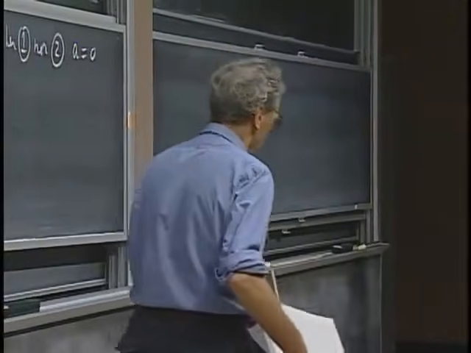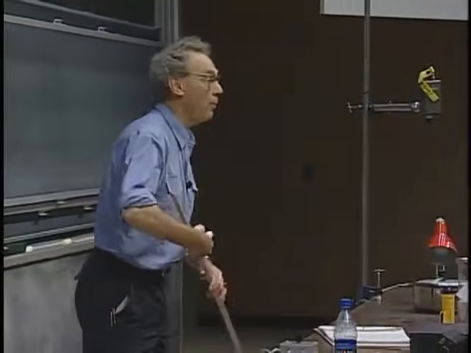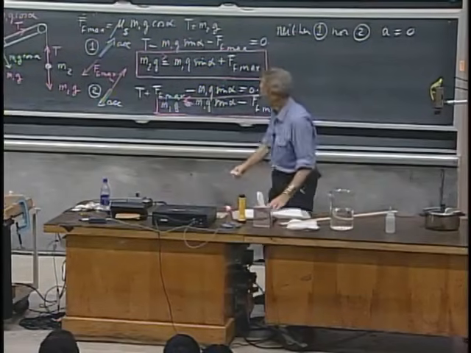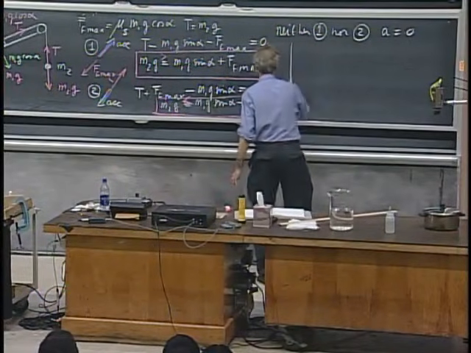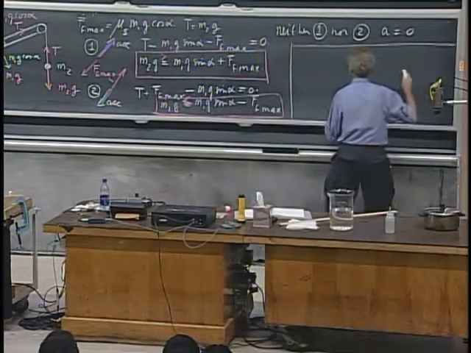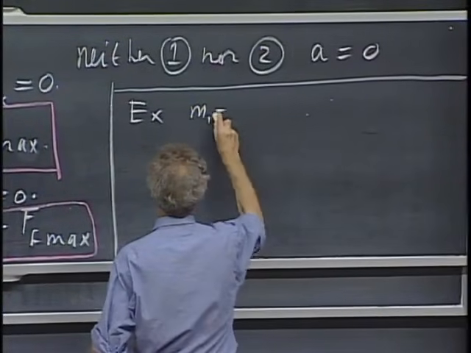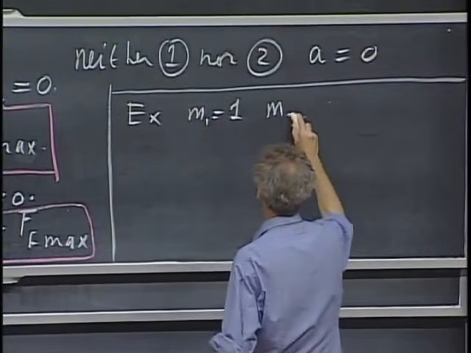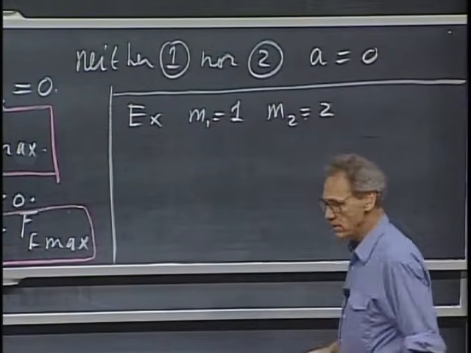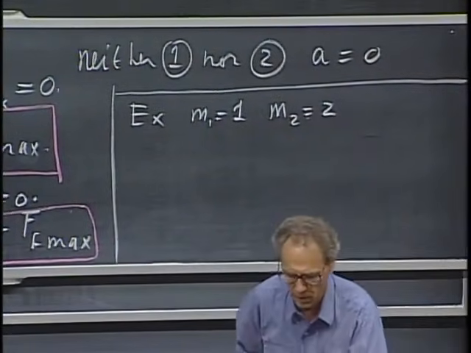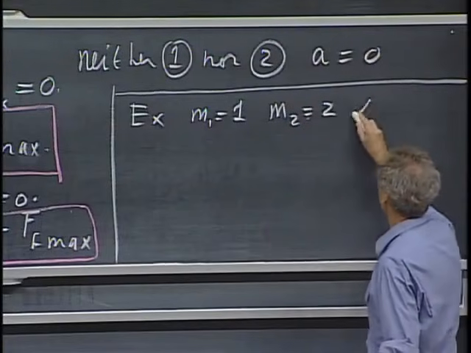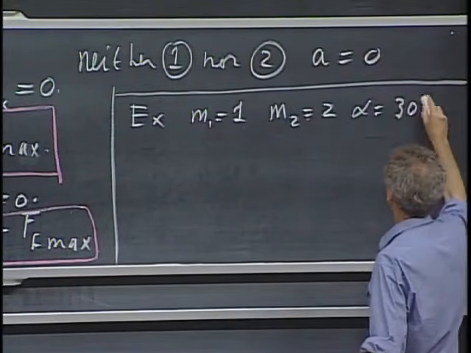Let us take a very simple example so that you see this at work. So we have an example here. And in my example, I have m1 equals 1 kilogram, m2 equals 2 kilograms. Can't make the numbers much simpler. I take alpha equal 30 degrees.